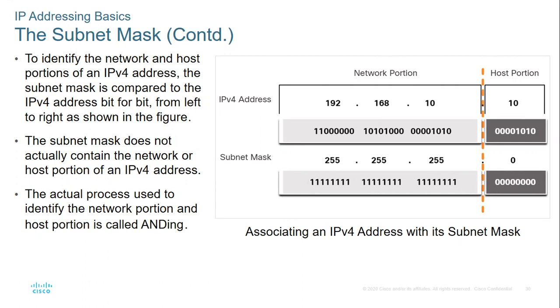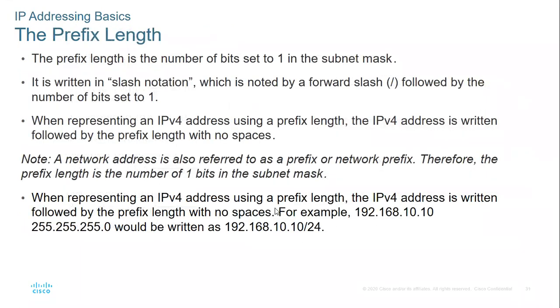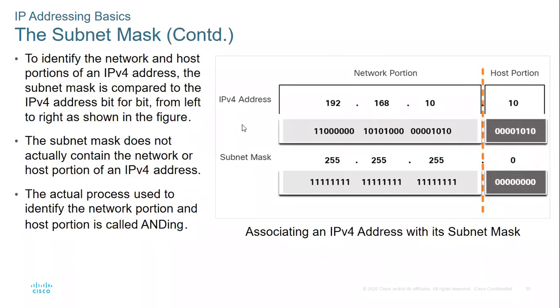Then the process that we're going to use is called ANDing. Okay, so what is ANDing? Let's say 1 and 1, it always gives us 1, okay? 0 with anything always gives us 0, okay?